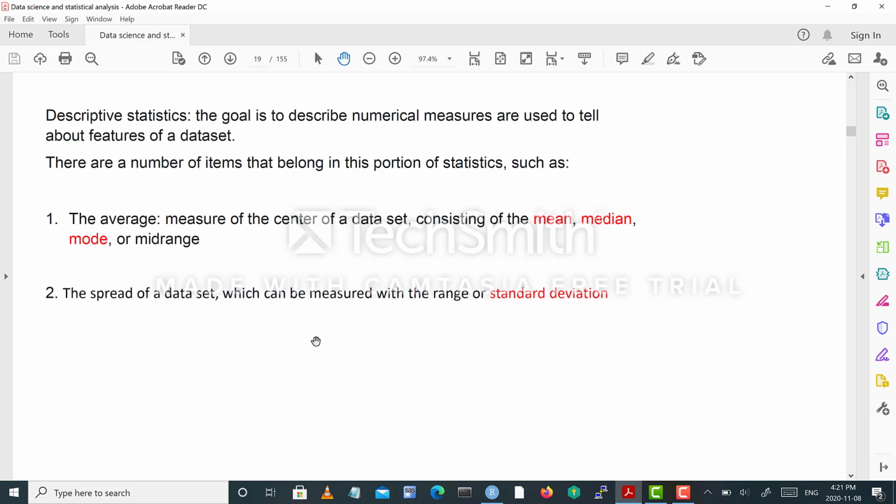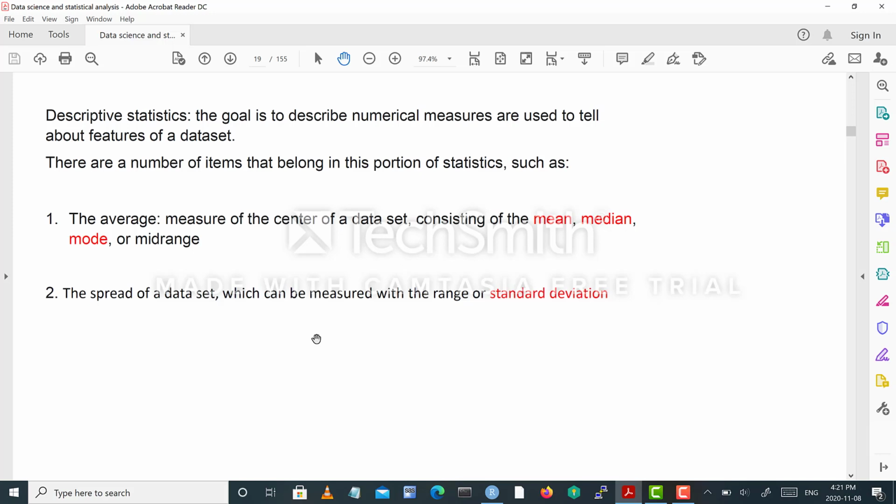There are a number of items that belong in this portion of statistics, namely descriptive statistics, or EDA. The average is a measure of the center of a dataset, consisting of the mean, median, mode, or mid-range.